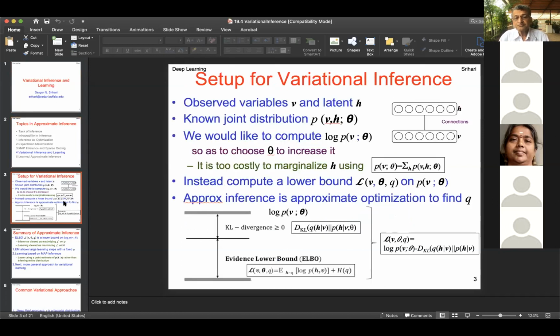What is the setup for variational inference? I'm trying to convey the problem that we are looking at. We have some network with hidden units. V is the visible units, and there are some connections in between. It need not be an RBM. It could be a very complicated set of H, but we simply denote it by V and H. Observed variables are V, and the latent variables are H. We have a joint distribution P of V comma H. Theta is a set of parameters.